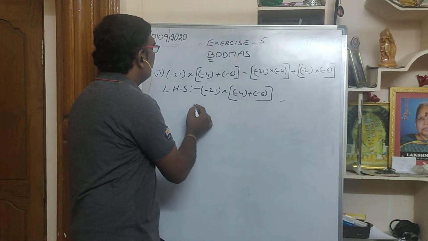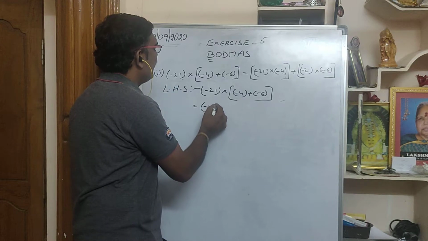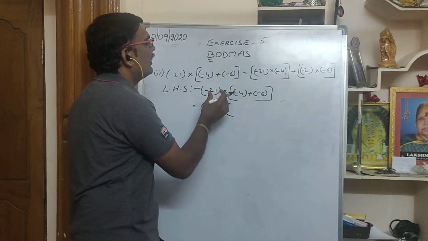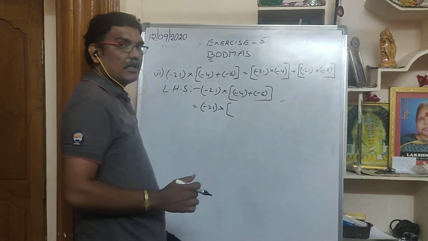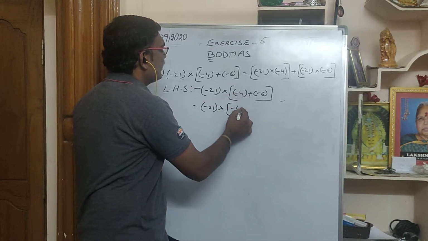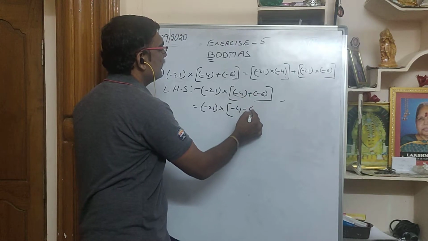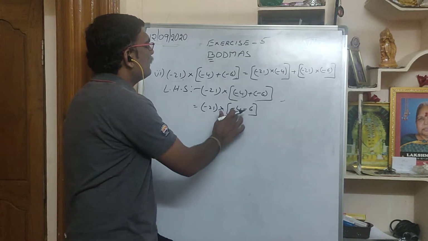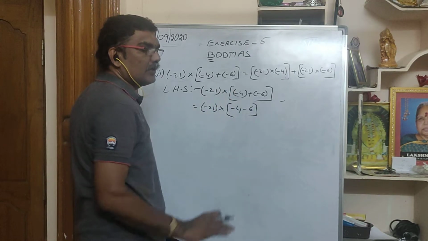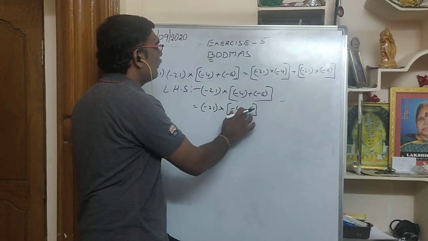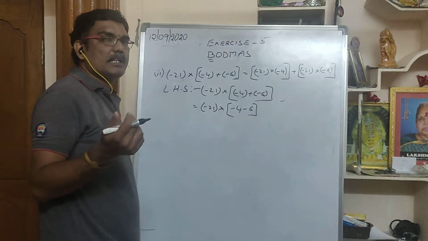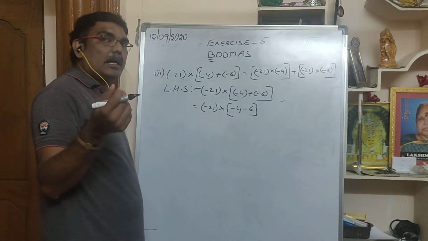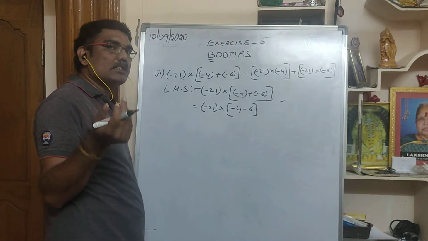So here I am writing minus 21 as it is, and removing the brackets inside: minus 4 as it is, plus minus 6 also as it is. Now minus 4 minus 6 means, if I want to say perfectly, 4 rupees you took from your mother and again you asked for 6 rupees.